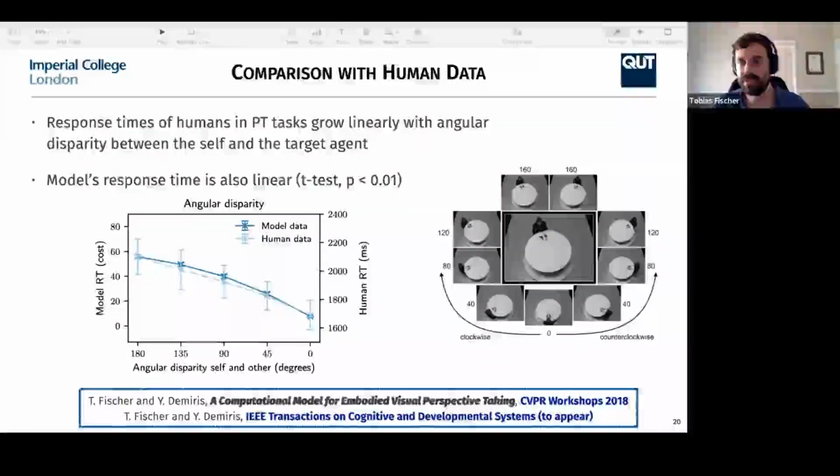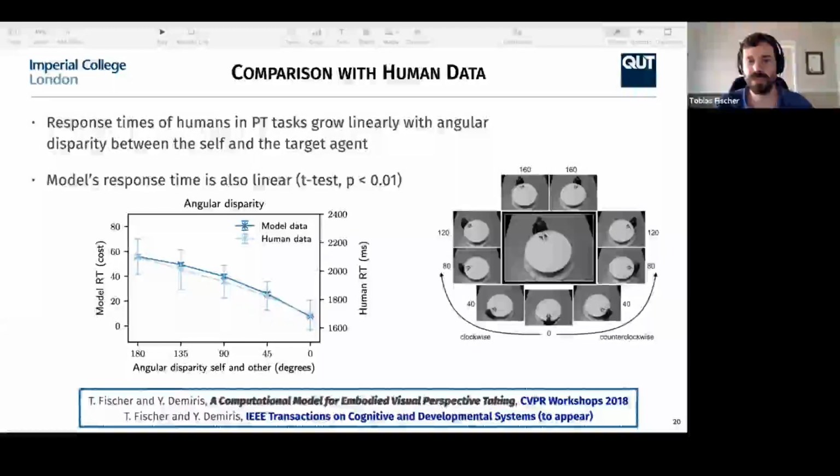That's the artificial response time. And you can compare that to the response time of the human in milliseconds. And then you will see that human data and model data match really well. So far, because there's a linear increase, you could have thought about 100 different ways of taking the perspective and could have always gotten that linear increase.